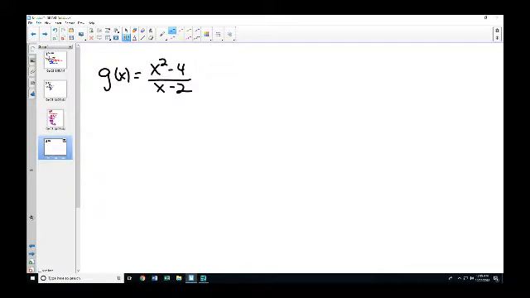If you can factor the bottom out, there's no vertical asymptote. It's actually a point discontinuity. Okay, so can you factor the top? Remember how to factor quadratics.